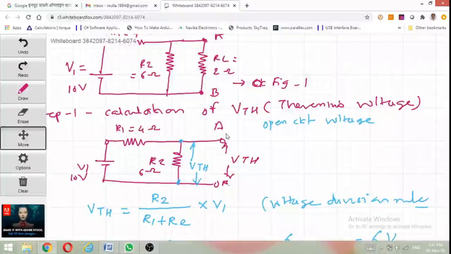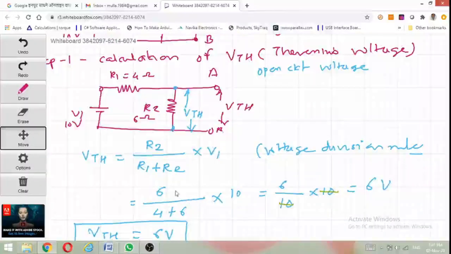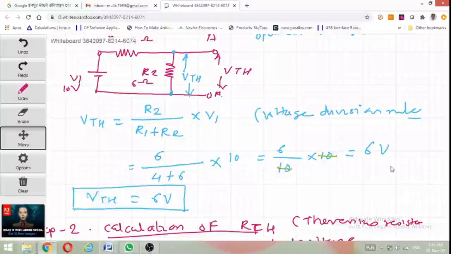By using the voltage division rule, we will calculate VTH, and the formula of the voltage division rule is R2 divided by R1 plus R2 multiplied by V1. Okay, by substituting the values of R1, R2 and V1, the final resulting value is VTH is equal to 6 volt.